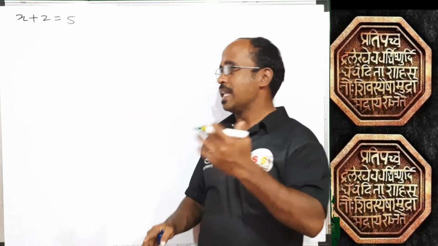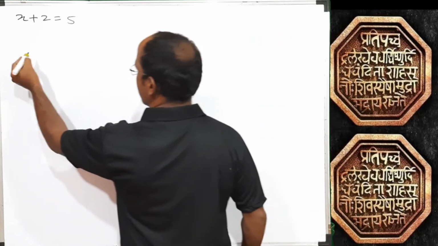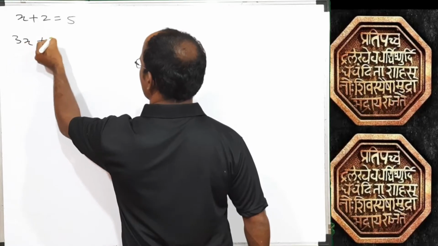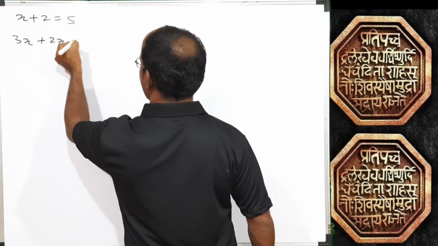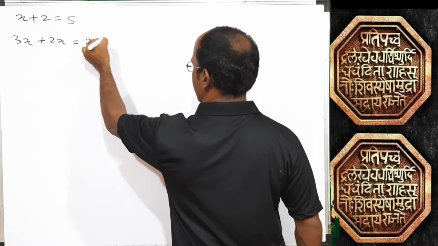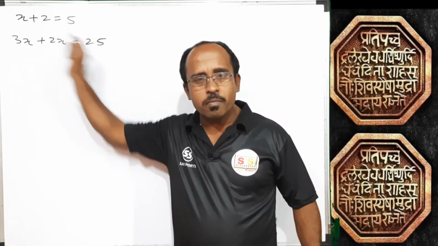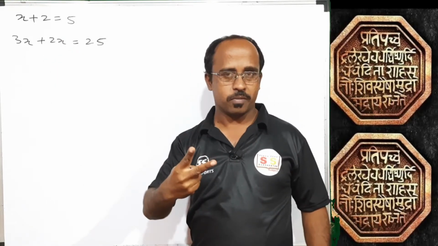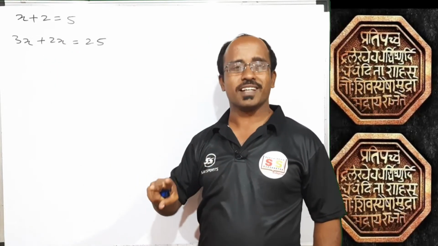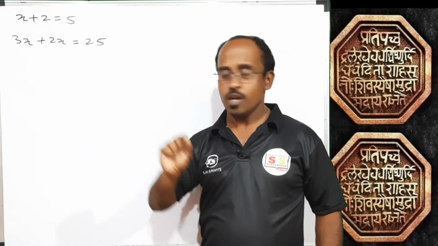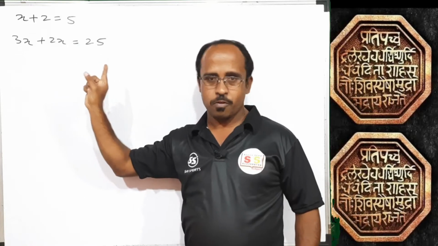Clear, students? Let us see. Suppose the problem is like this: 3x plus 2x is equal to 25. How many variables are there? You may say, sir, 3x and 2x, there are two variables. But this is not the case. Here, students, 3x and 2x are like terms, so their addition and subtraction is possible.